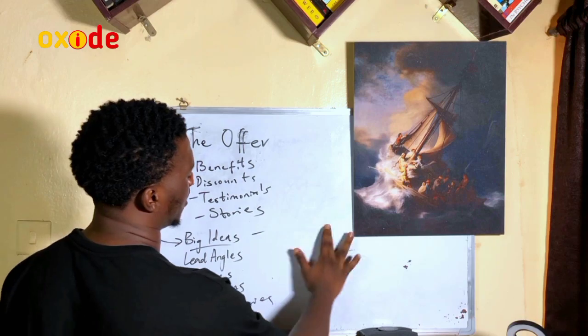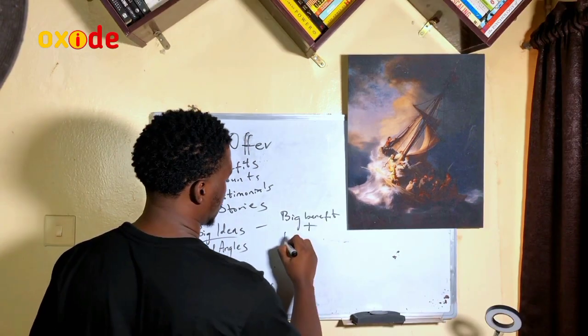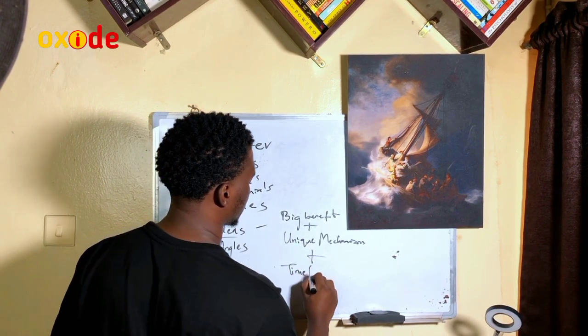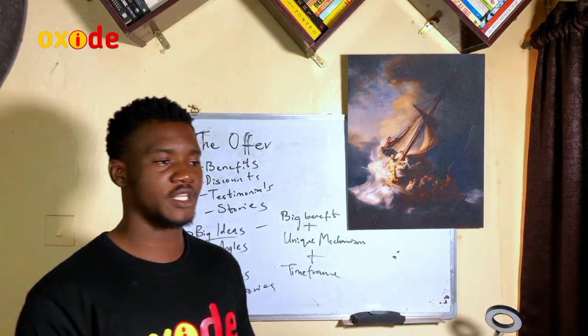So I'm going to break it down so it will be easy for you: big benefit plus unique mechanism plus time frame. This is a very simple way for even a dummy to create a big idea.